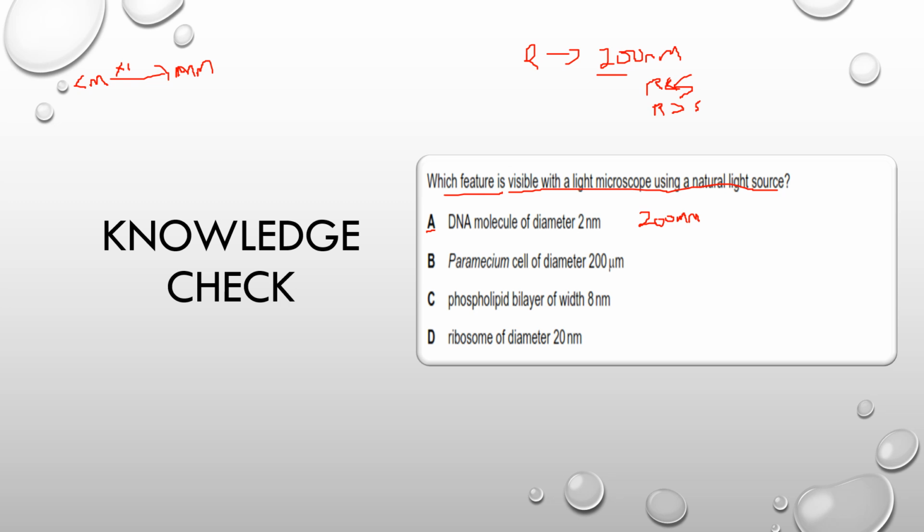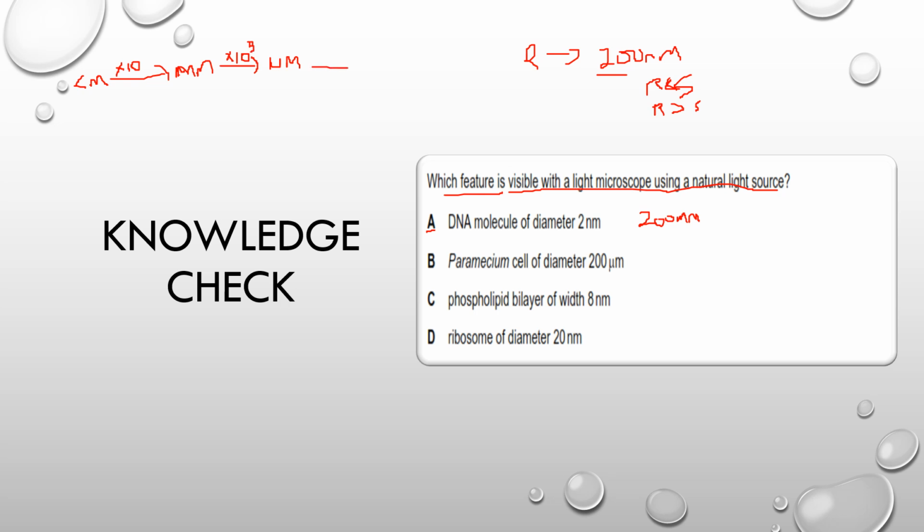Whatever you have in centimeters, times 10. If you're moving backward, you divide by 10. If you're moving from millimeters to micrometers, you multiply by 1000. Going backwards, you divide by 1000.